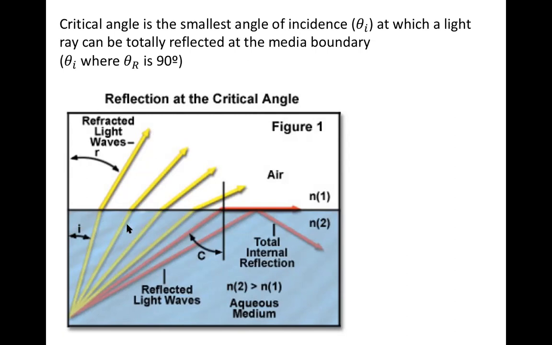And the further we increase the angle to the normal, the more angled it's going to be, up to some critical angle where now we're not going out into the air, we're exactly on the boundary line. Anything past that critical angle, so this one's past the critical angle, you'll go back into the medium and you get total internal reflection.